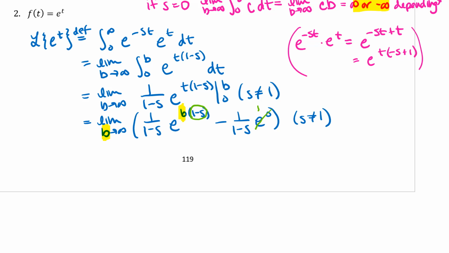All right, so we said s cannot equal 1 over here. That's our split value here. So we're going to consider two different cases, s bigger than 1, s less than 1. And then we'll also go back and think about what happens if s is actually equal to 1.